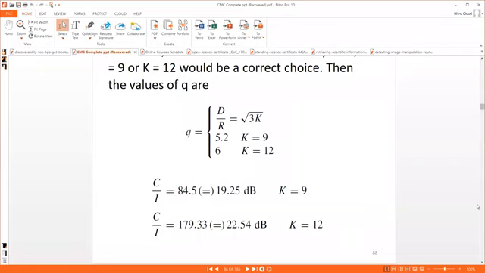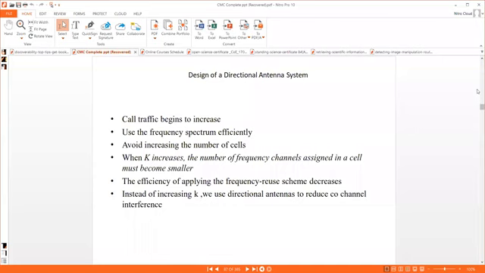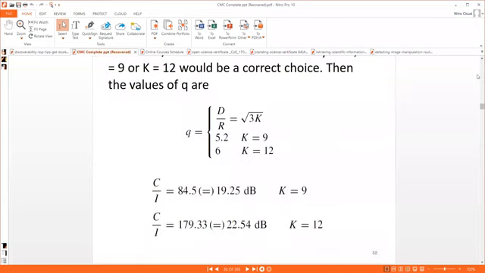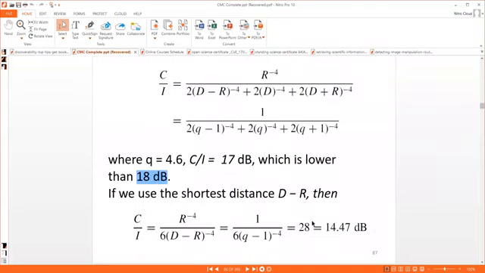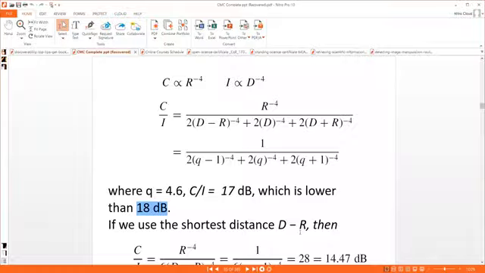That's why we choose k equals 9 or k equals 12. This is about the design of an omnidirectional antenna for the worst case.